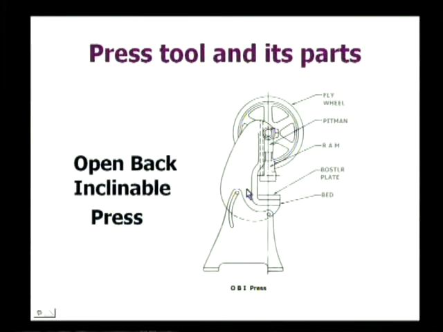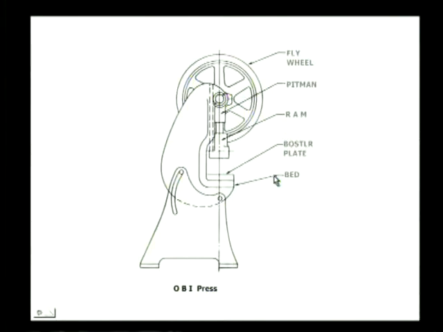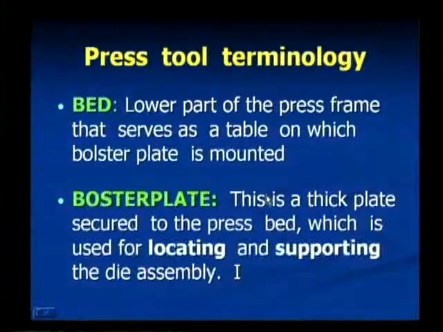Let us first discuss the simplest and first machine tool. You can see this is the flywheel and this is the pitman, the ram which can slide up and down, this is the bolster plate, and this is the bed.